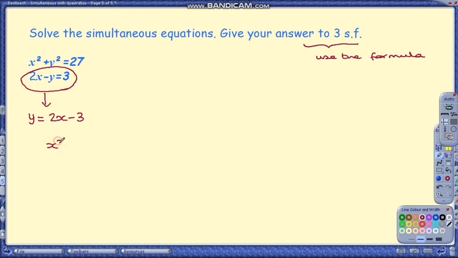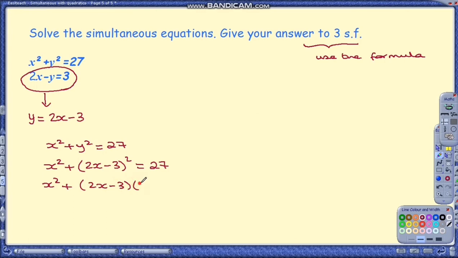So x squared plus y squared is equal to 27, but I know what y is, 2x minus 3. So I'm going to have x squared plus (2x minus 3) squared equals 27. That's the same as x squared plus (2x minus 3) times (2x minus 3), and that's equal to 27. What do you think our next step is?